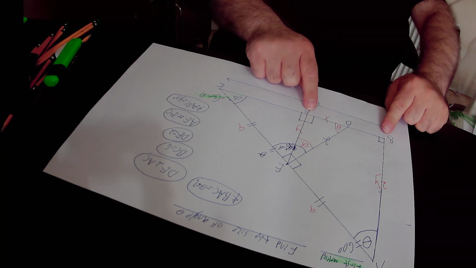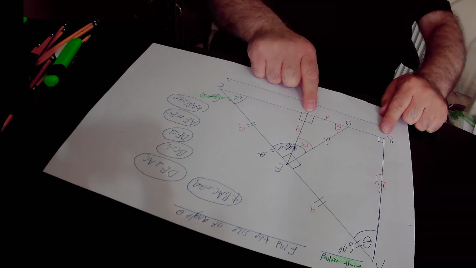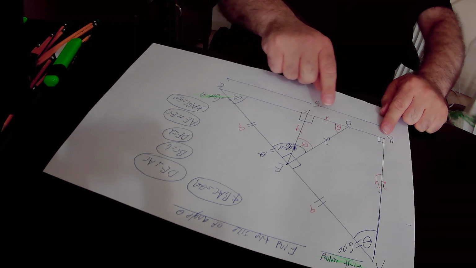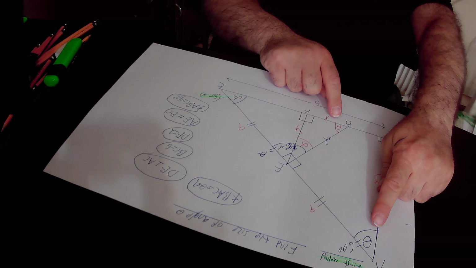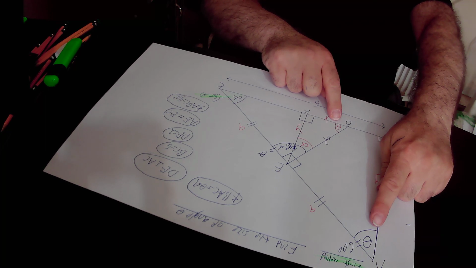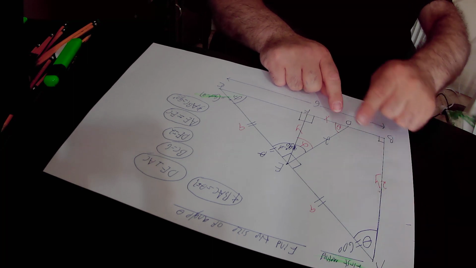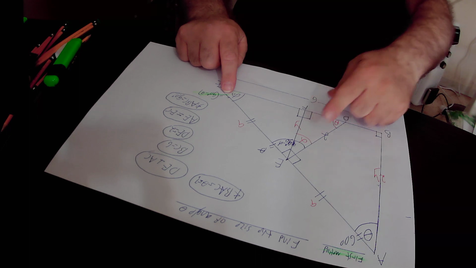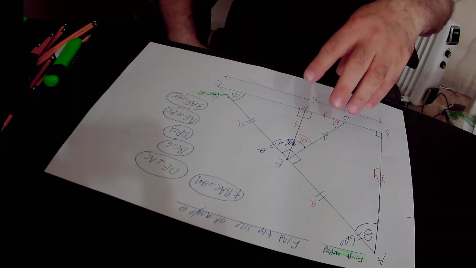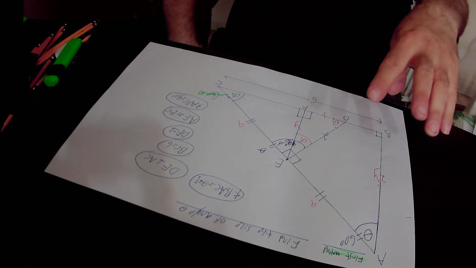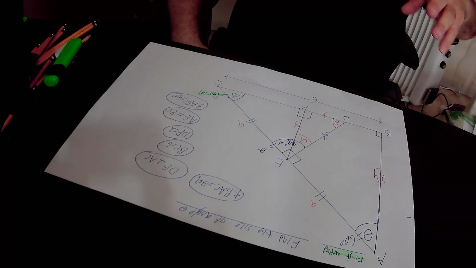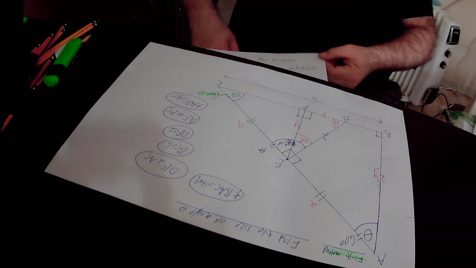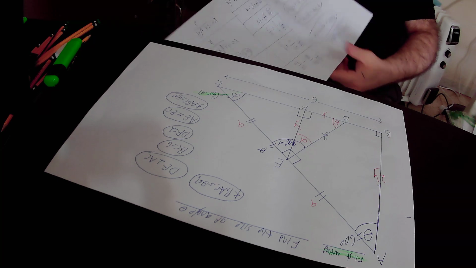First of all, both of them have this angle that is the right angle. Second, both have this angle that is angle theta. And finally, both have this angle that is alpha. Therefore, all the angles of triangle EDF equal all the angles of triangle ABC, so they are similar according to the angle similarity rule.